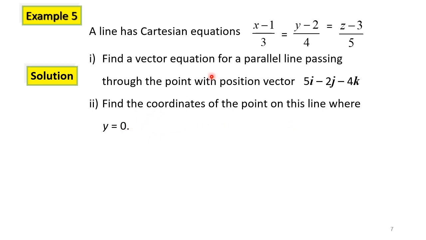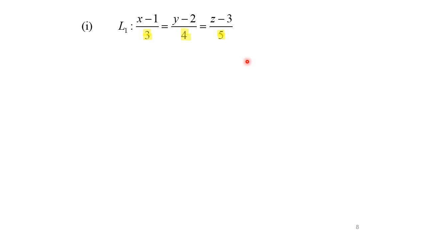So first we find out the vector equation. From the line here, it is mentioned that it's parallel to this line. Remember, this is the Cartesian equation. To play safe, you can change it back into parametric and also vector equation.